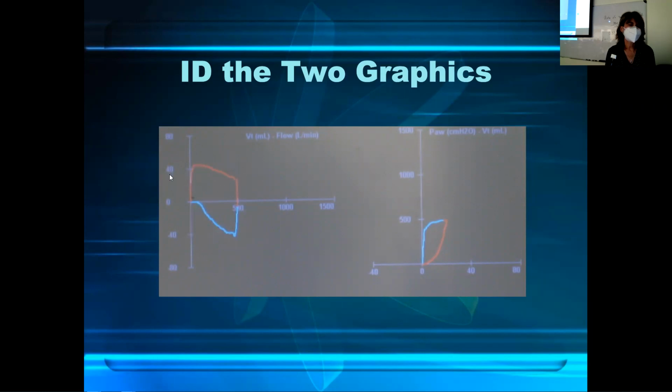I don't know if that's liters per second. It must be liters per minute. So you would look at the highest number and you would see what the flow rate is. The next question I would ask you is how much volume went into the lungs? Yes, 500 mLs.